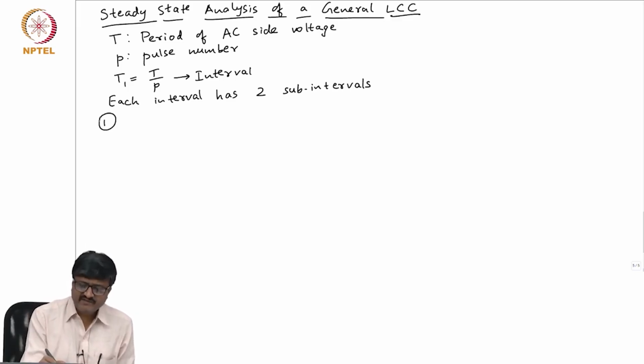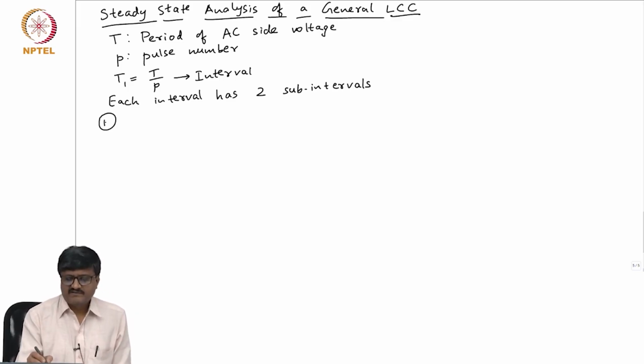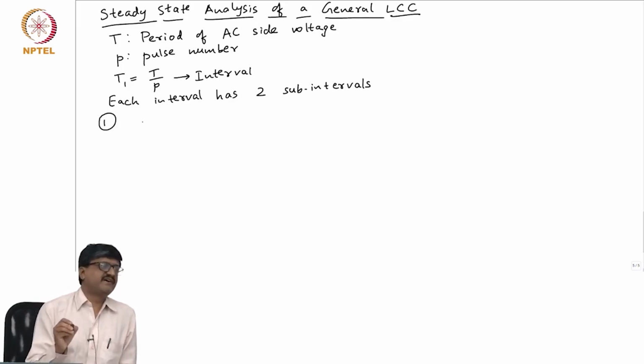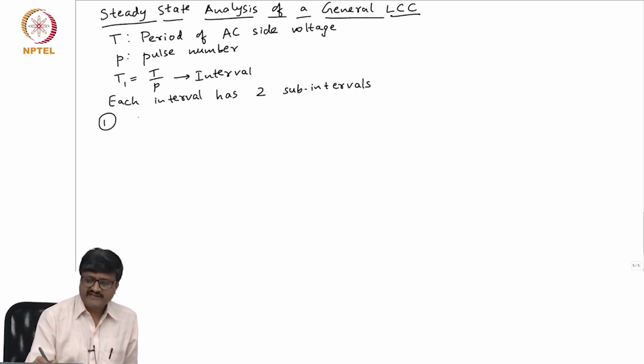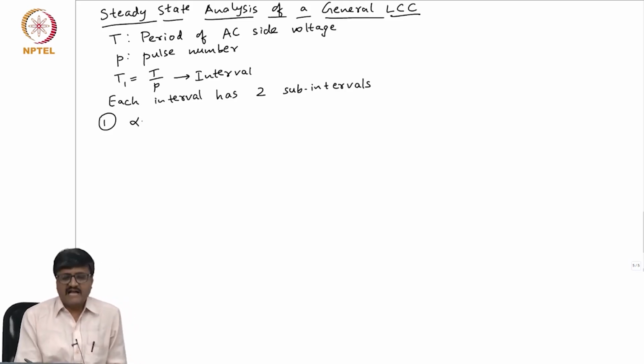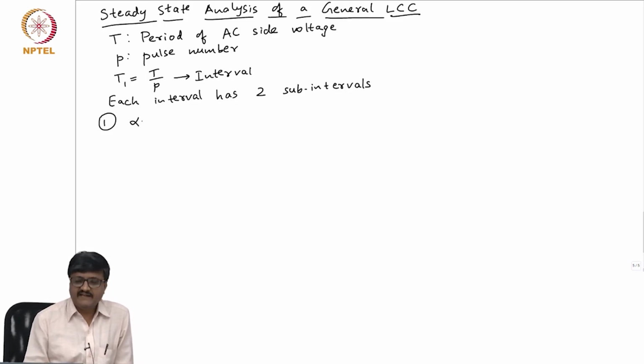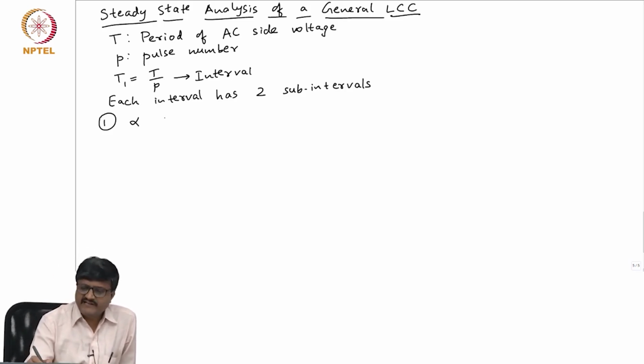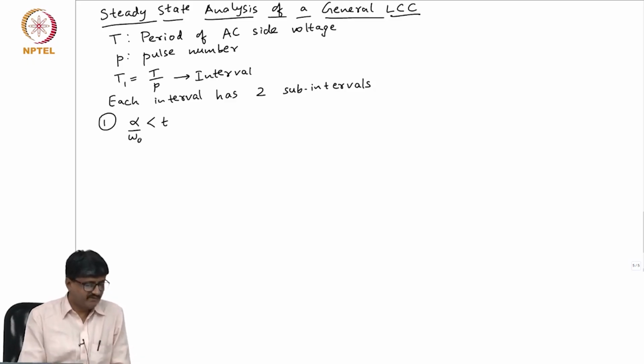Now, the first subinterval, we used to take as starting from alpha. So, if I take the independent variable as angle, that is omega o t, then it is alpha. If I take time, then it is alpha by omega o.